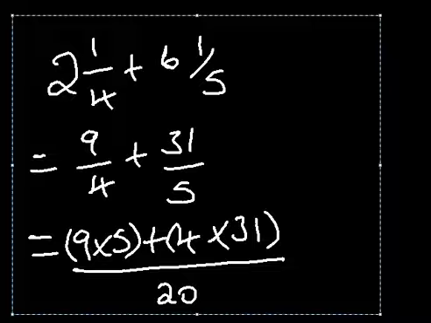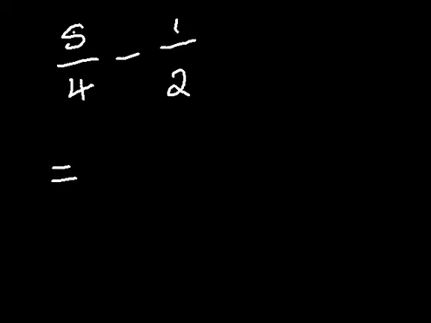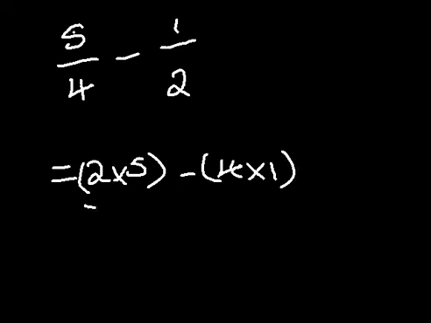at your own pace. Let's say we have 5 over 4 minus 1 over 2. Now how should you do this using the butterfly method? All these fractions are proper fractions, so you have 2 times 5 minus 4 times 1, divided by 4 times 2.